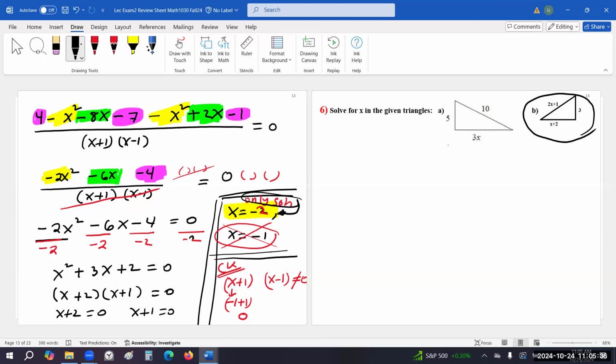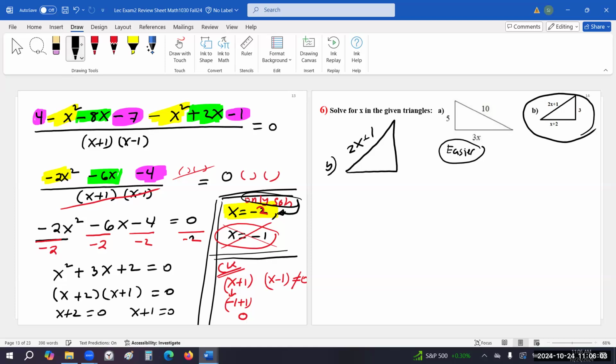But this is easier, simpler. The other one takes longer, but not bad. So which one do you want me to go over? B? So B has both. Okay.